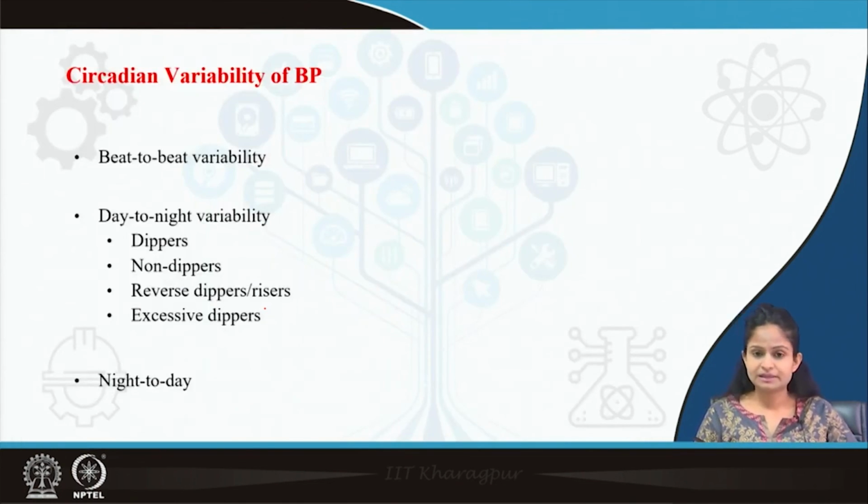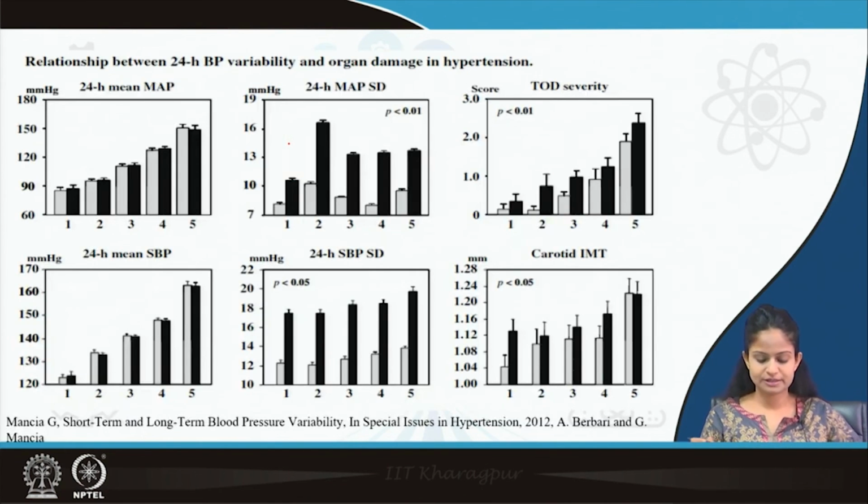The circadian variability of blood pressure is also present, like beat to beat variability; there is a morning surge in blood pressure or there is a night dip in the blood pressure, that is the circadian variability of blood pressure. In the study we could see the 24-hour mean arterial blood pressure and the 24-hour mean systolic blood pressure. This study shown correlates the 24-hour blood pressure variability with the target organ damage in hypertension. Generally in hypertension, in the late phase usually target organ damage or multi-organ failure occurs.